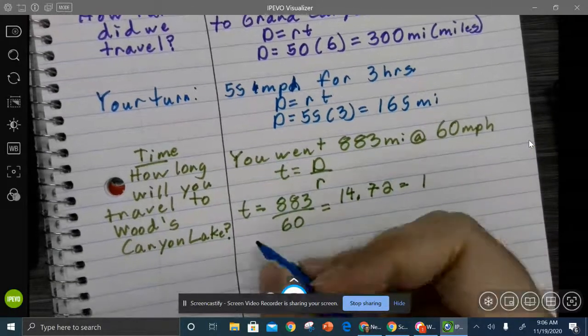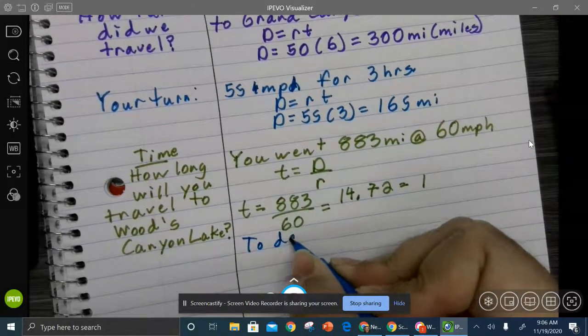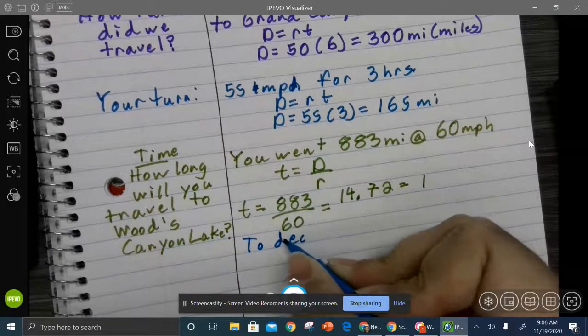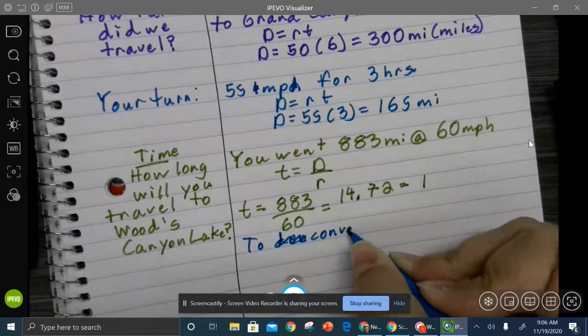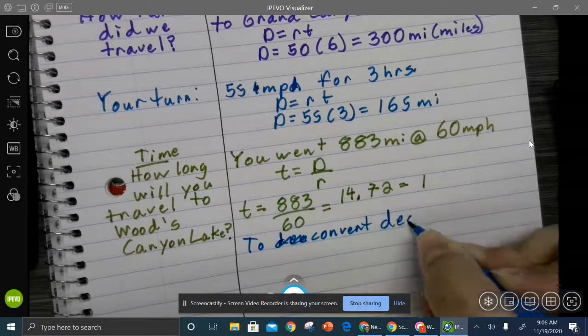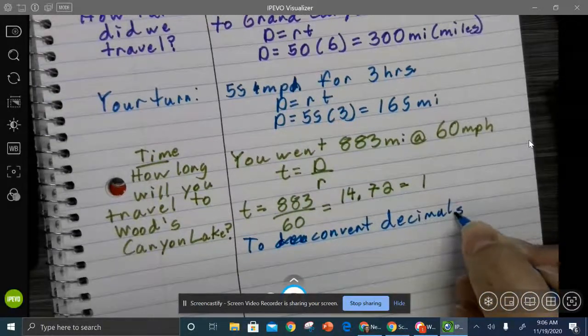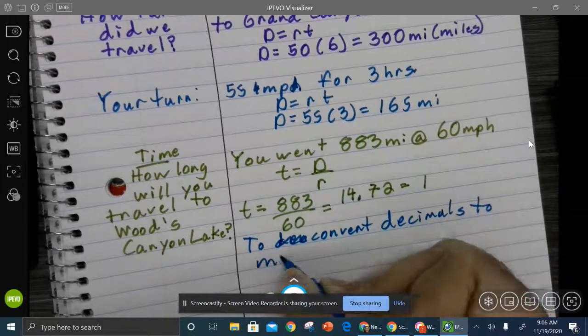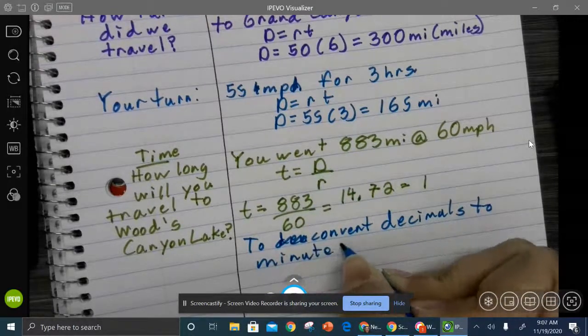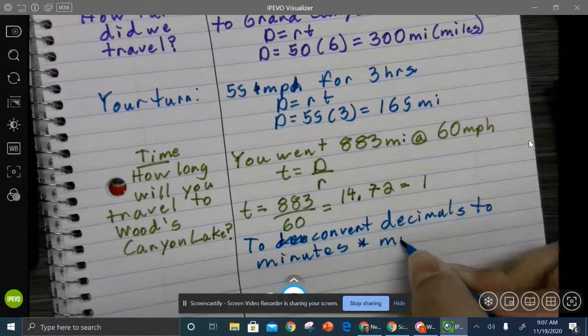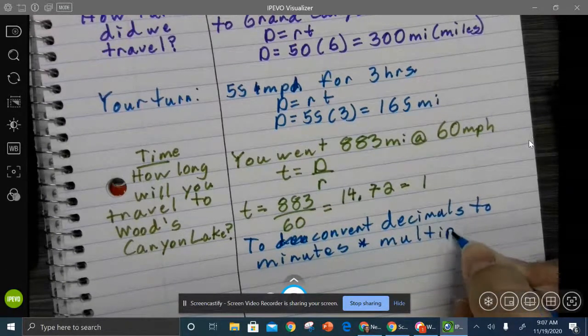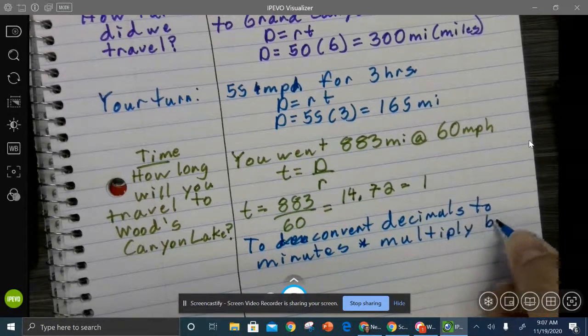let's talk about it. To convert decimals to minutes, you're going to multiply the decimal amount by 60.